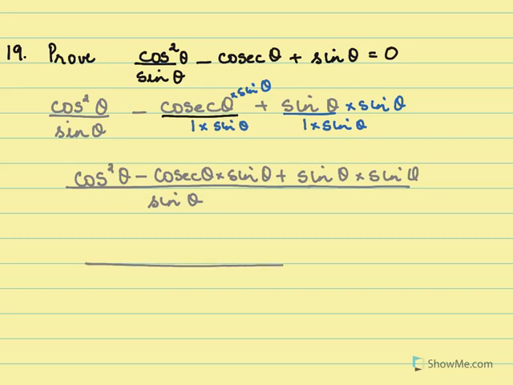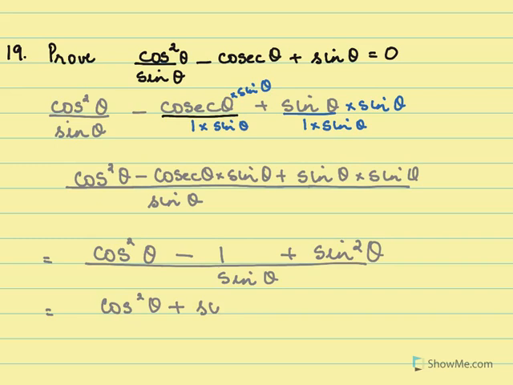Now again I'll just write the LCM first. This is sine theta. And the first is cos square theta. I write it as cos square theta. Now do you remember what is cosec into sine? Cosec into sine is 1, because they're reciprocals of one another. So here, now this is sine theta, this is sine square theta. I'm just putting things together, I'm just rearranging it.